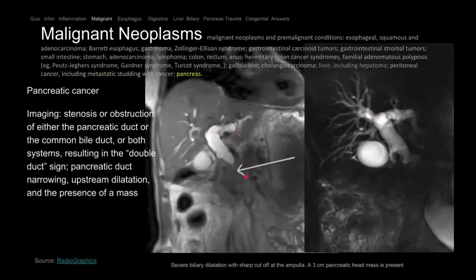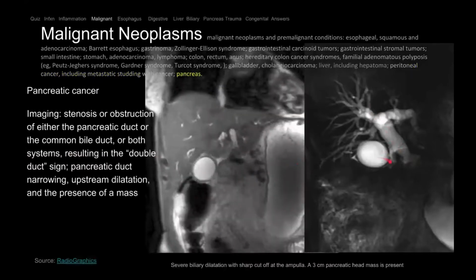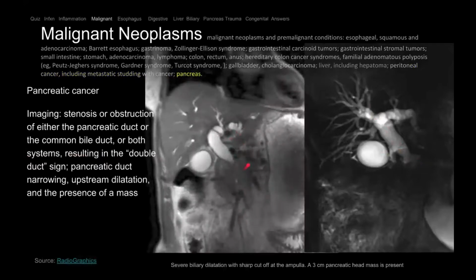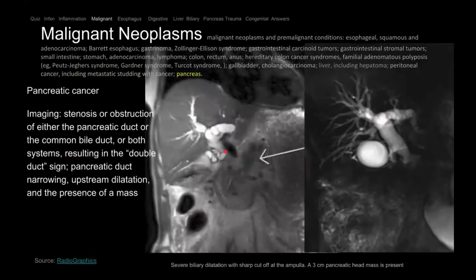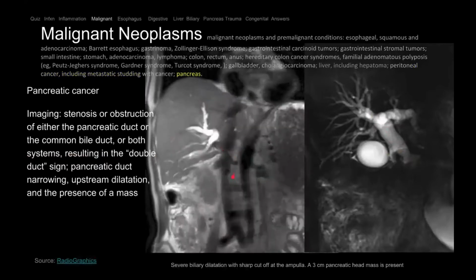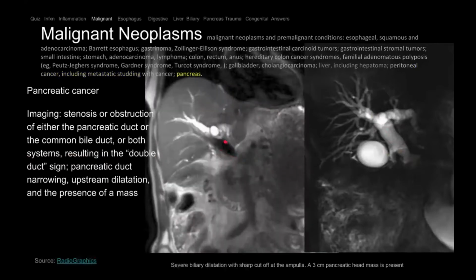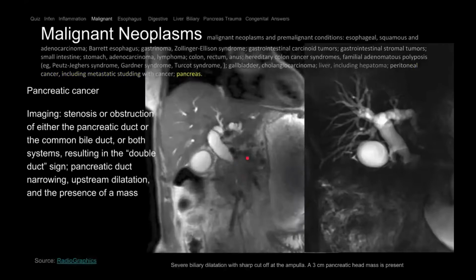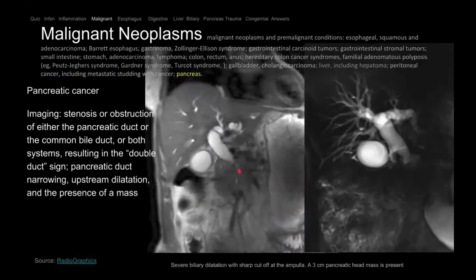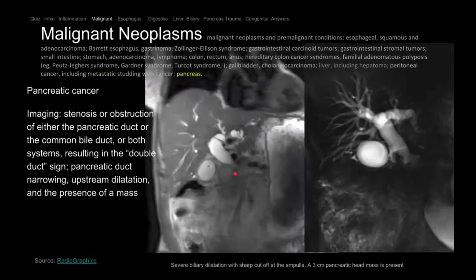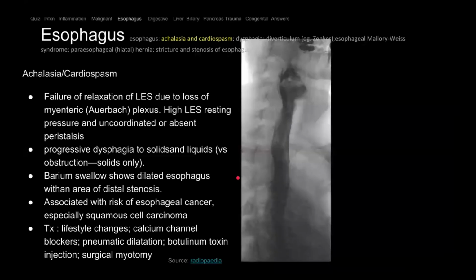And then sometimes it can obstruct the pancreatic duct as well. So actually I'm sorry, I made a mistake. Double duct sign is when you have the pancreatic ductal dilatation with the CBD dilatation. We don't have the pancreatic ductal dilatation here, but we have the CBD dilatation because it's invading the distal CBD. So that is pancreatic cancer.